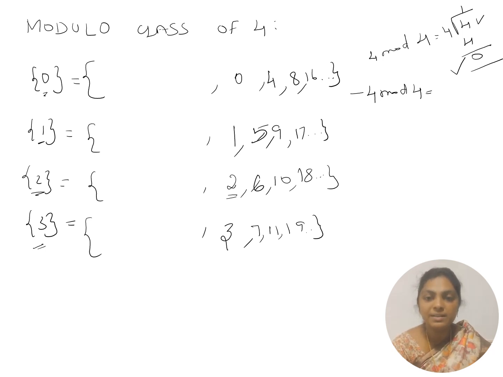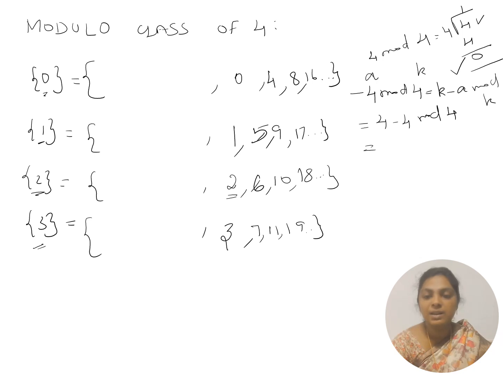Let us take this as element A, and this is element K. In this situation we have to perform K minus A mod K. This is how we should do it. So which is 4 minus 4 mod K. So the answer is 0.